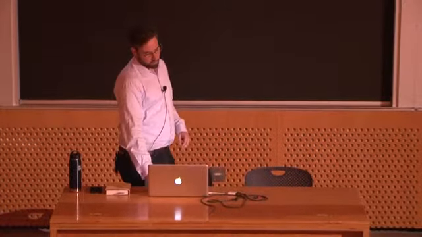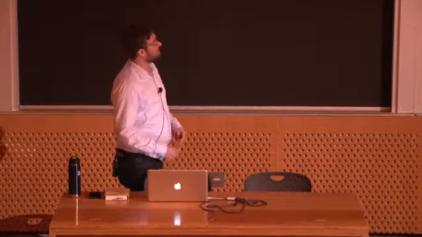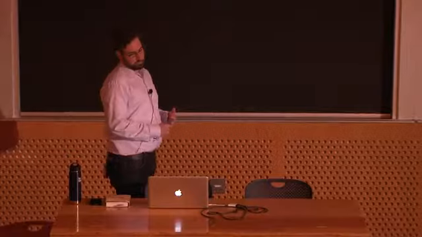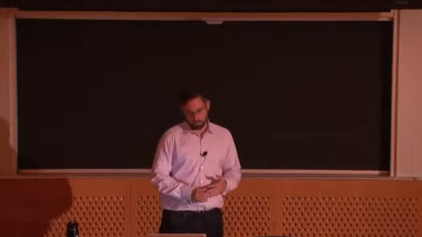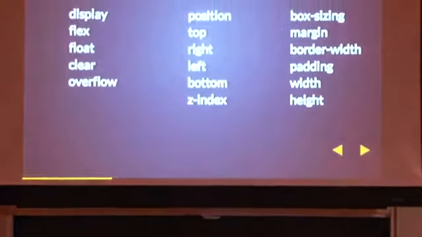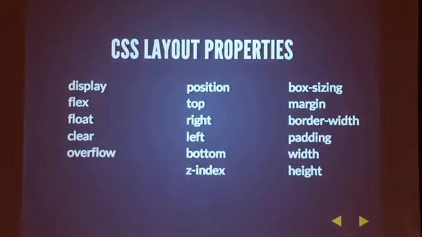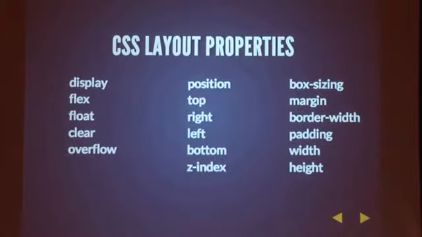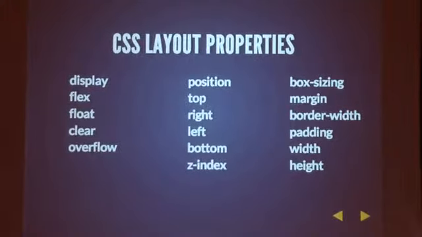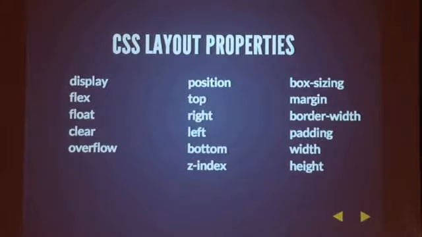So let's look at how we can control those layouts. There's a subset of layout properties. You have stuff that controls flow, like display, flex, float, clear, and properties that control positioning. So position, top, right, left, bottom.